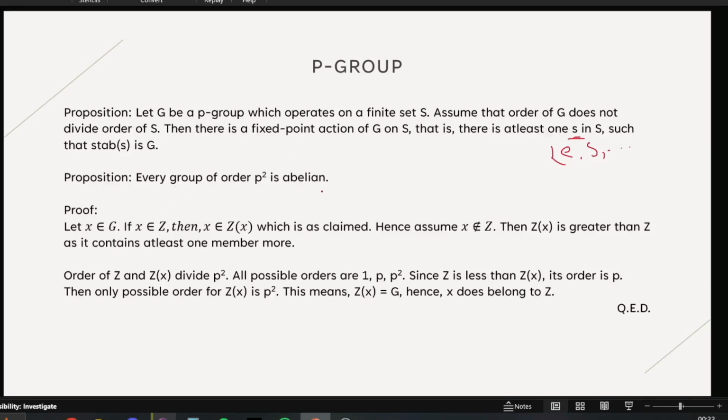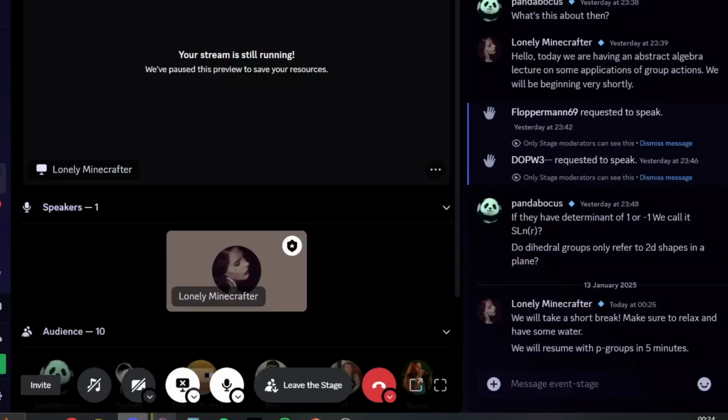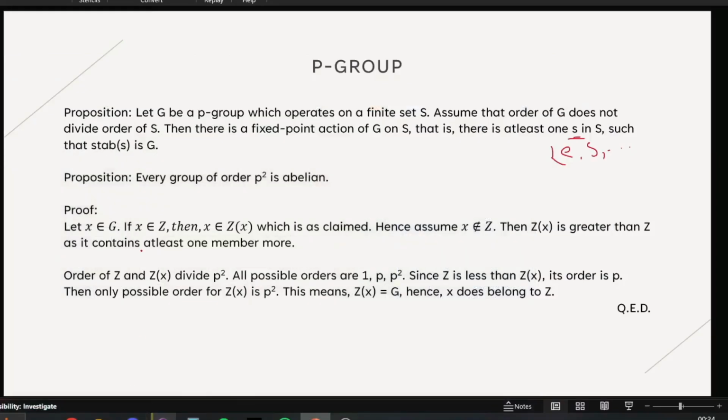Next is that every group of order P square is abelian. This is again a simple proof. We will take some group element x. If x is in the center, then it will also be in the centralizer. So we will assume that x is not in the center.